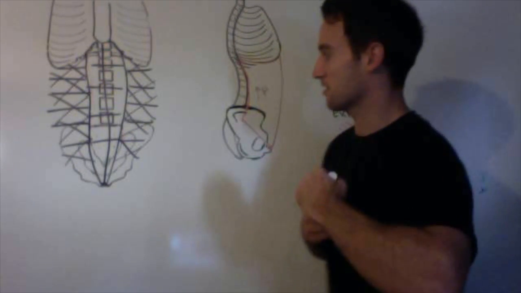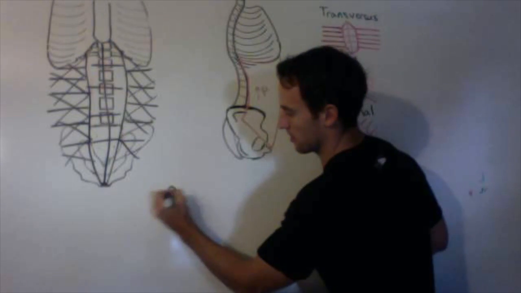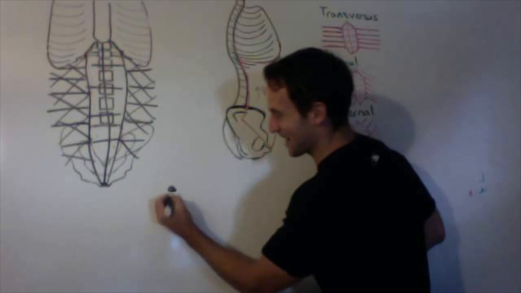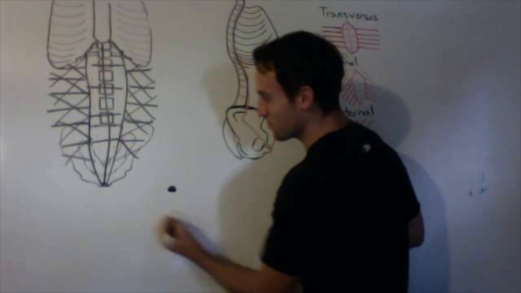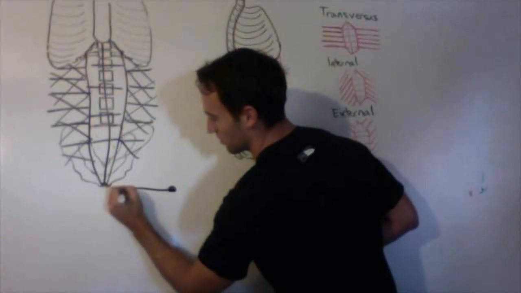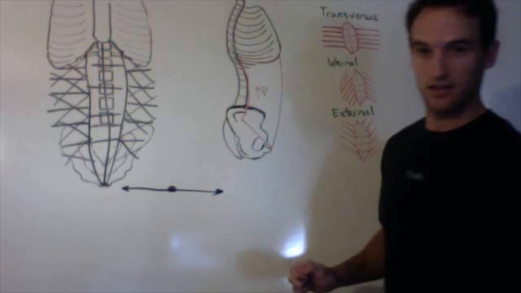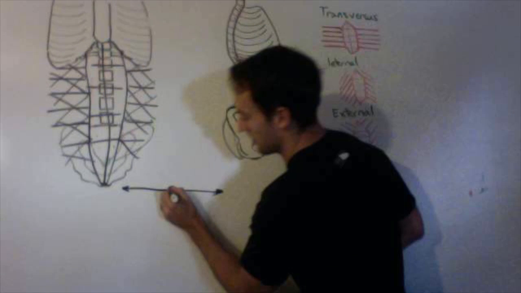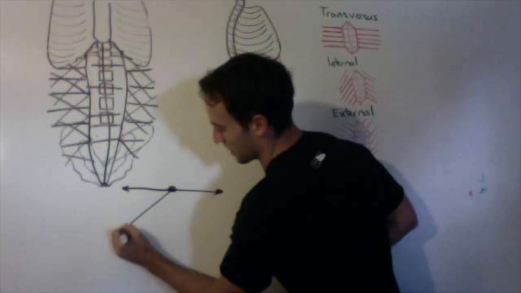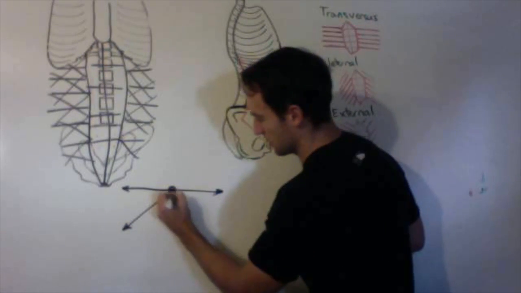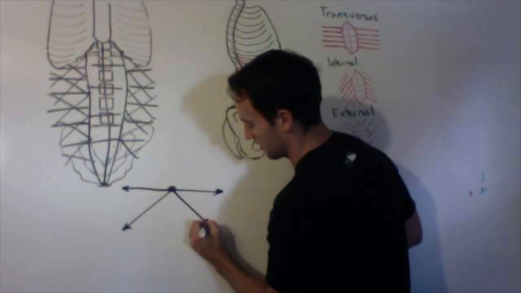So if we look at the forces of these muscles, if we draw our vector diagram, we have our transversalis pulling out and out. Then we have our internal oblique down and away, and down and away.